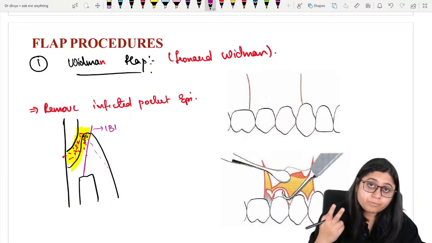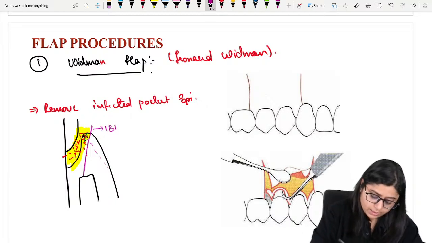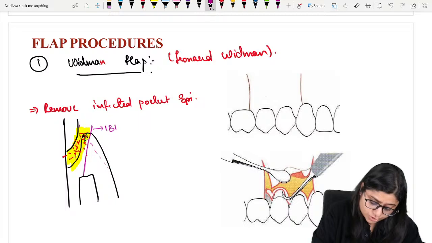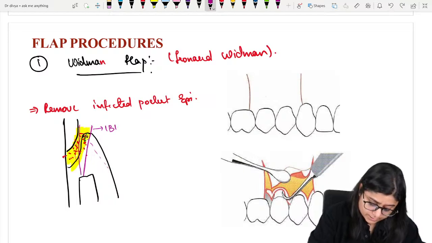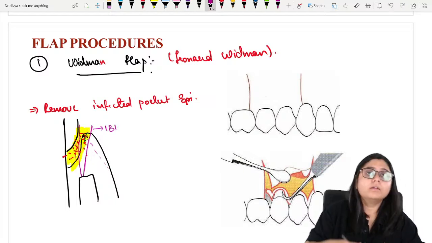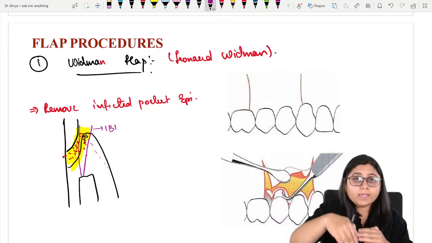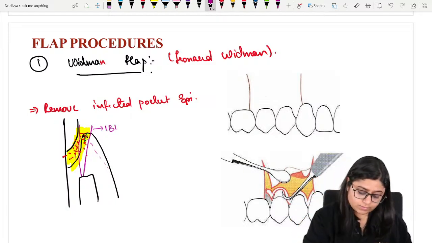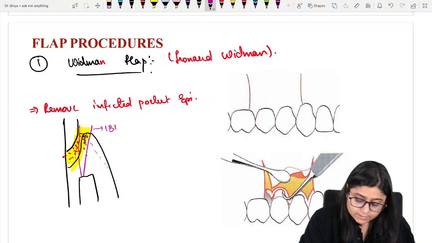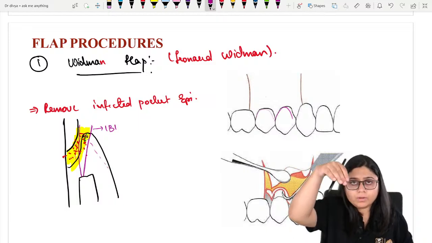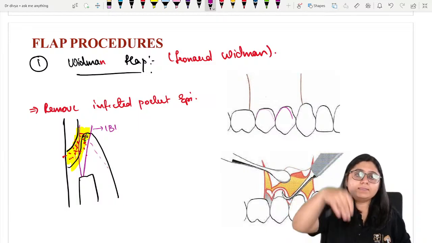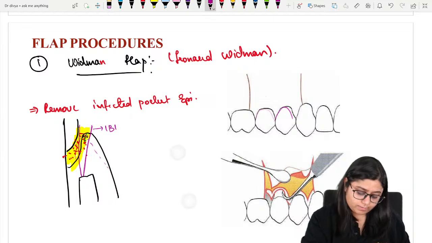Next, the second type of incision that was used was the crevicular incision. Why is it called a crevicular incision? It is called so because we go from the crevice, from the sulcus. So between the teeth here, the sulcular space is there. So we go from the sulcus till the alveolar crest like this.